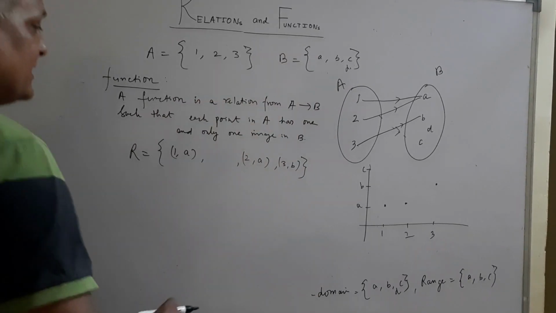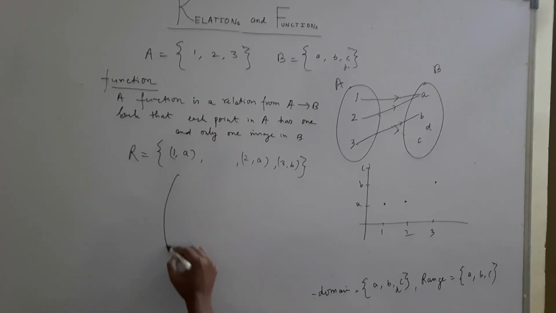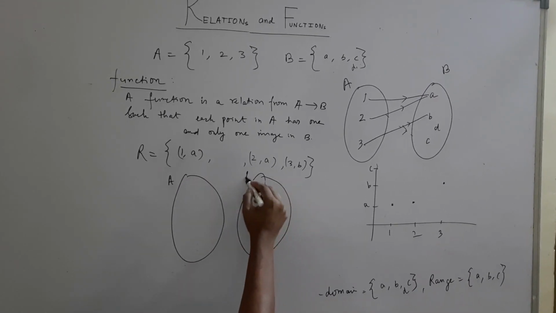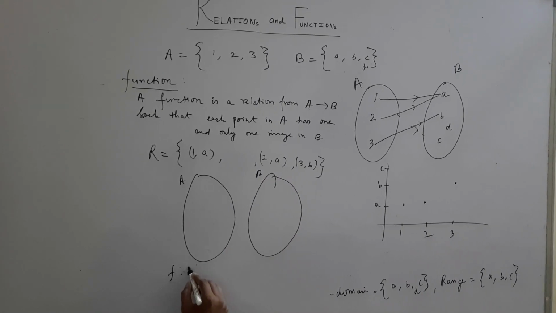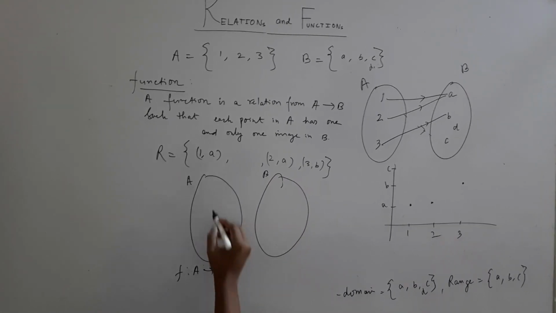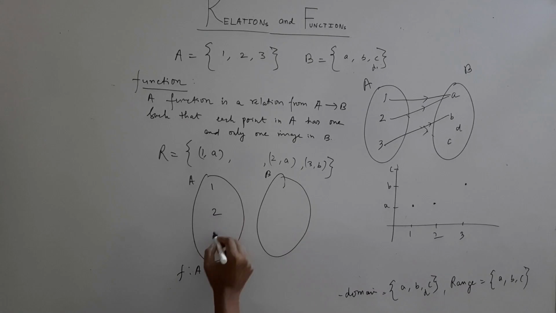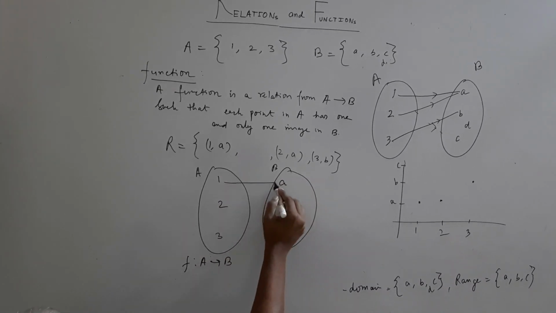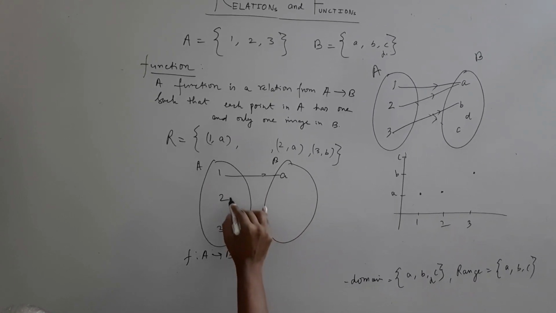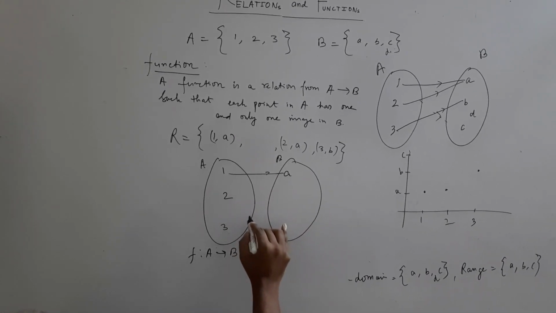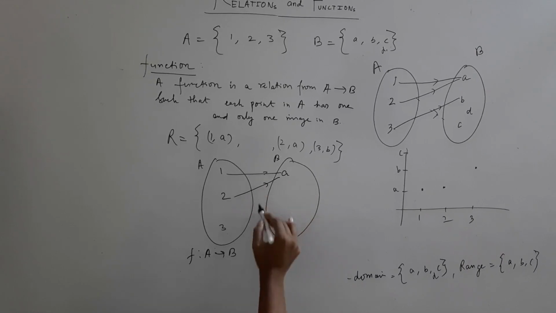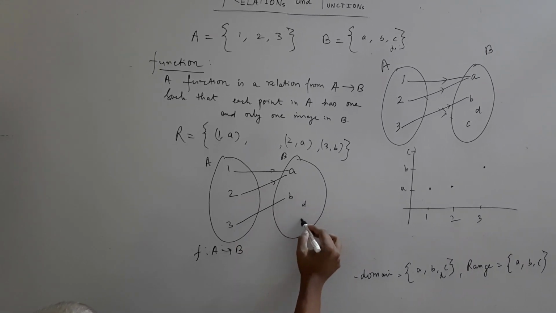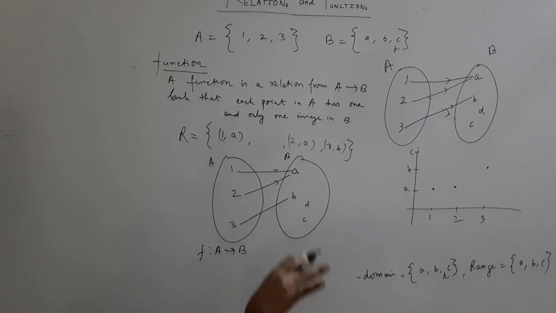Now if I map it again, this is my A, this is my B, and I represent it as f from A to B. This is 1, 2, 3. So 1 is related to A, 2 is related to A, and then 3 is related to B. We have two more elements, D and C, but I am not relating them.